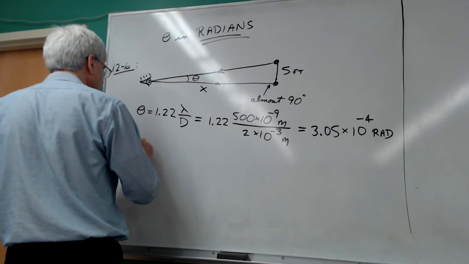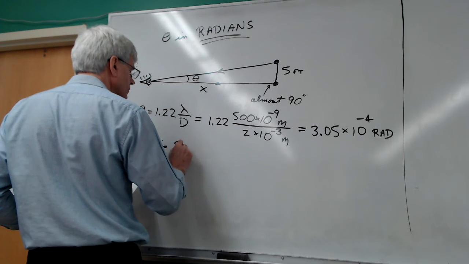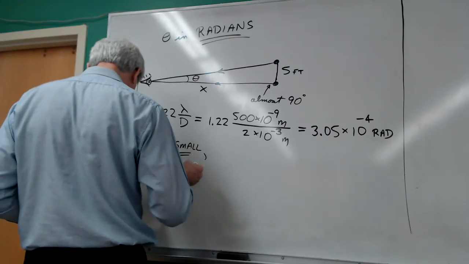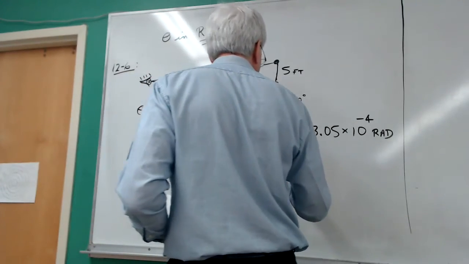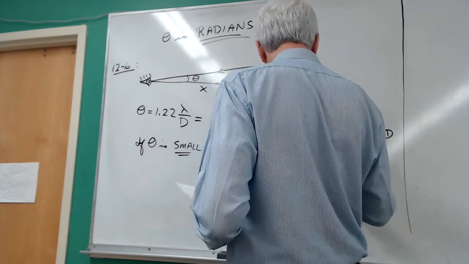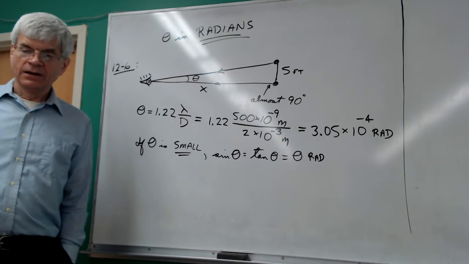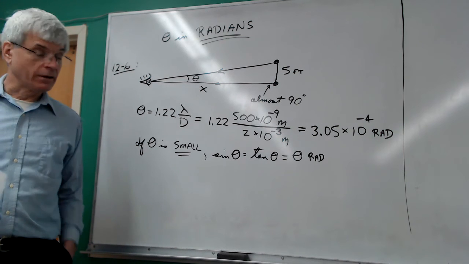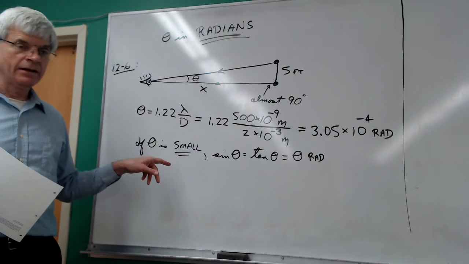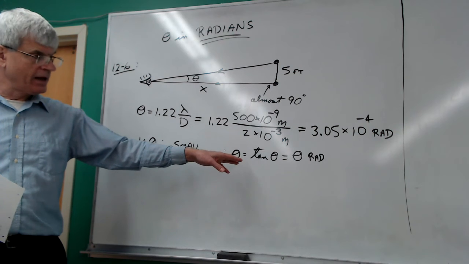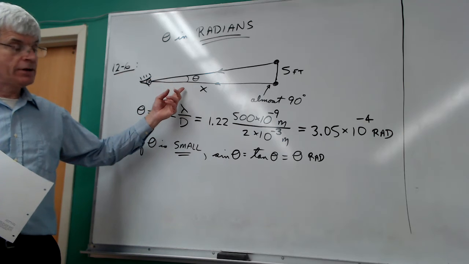But hopefully at some point in some math class, somebody mentioned to you, or if they didn't, I'm telling you now, that if theta is small, and I mean small, because you never want to try and do this with an angle like 35 degrees or something like that. But this is a tiny little angle we're talking about here.